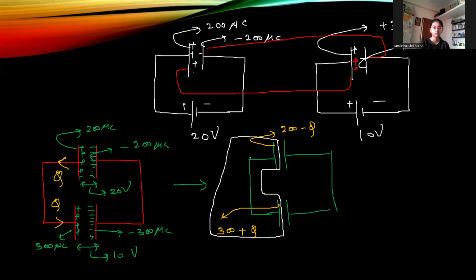If you look carefully, once you connect these two plates, the initial charge on these two plates is equal to the final charge. So initial is 200 microcoulomb plus 300 microcoulomb, final is 200 minus Q plus 300 plus Q. Understood?